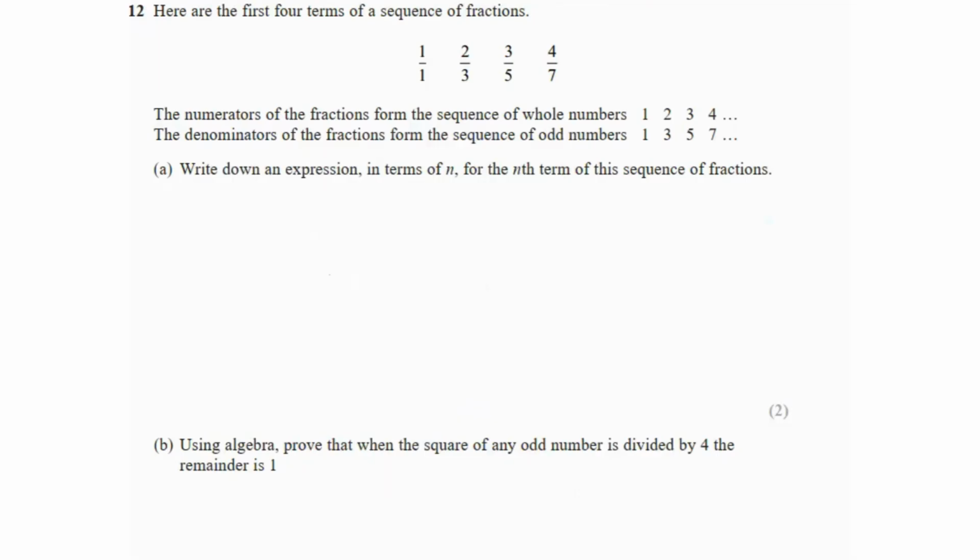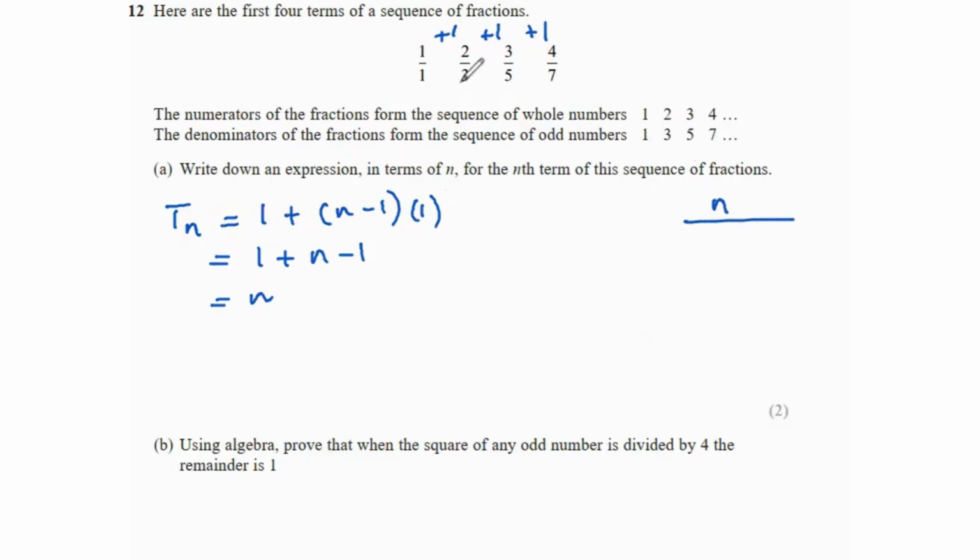Now to figure out the nth term for this fractional sequence, if you look at the numerator, we can see that each number is increasing by 1. So using the nth term formula, Tn equals first term 1 plus n minus 1 times the common difference, which is 1. So that's 1 plus n minus 1, and that's n. So the nth term for the numerator is going to be n.